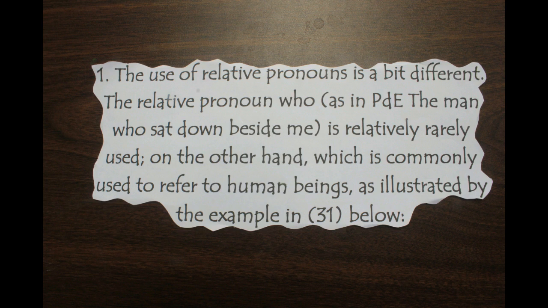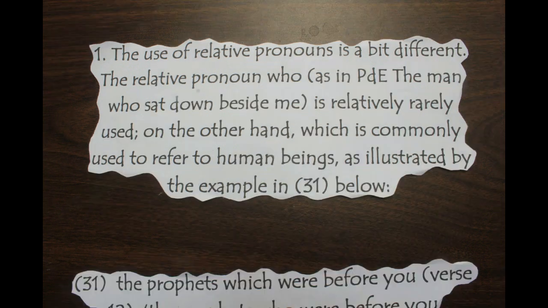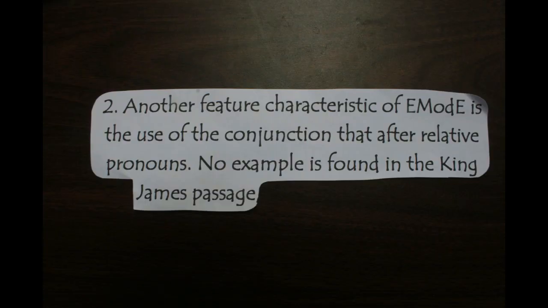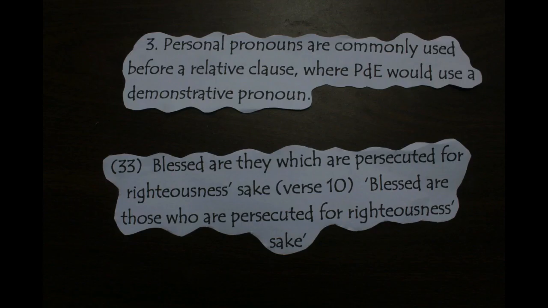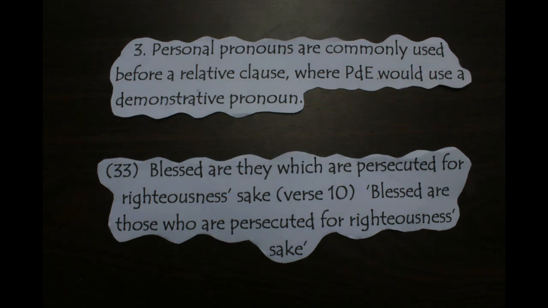The use of relative pronouns is a bit different. A feature characteristic of early modern English is the use of the conjunction that after relative pronouns. Personal pronouns are commonly used before a relative clause, where present-day English would use a demonstrative pronoun.